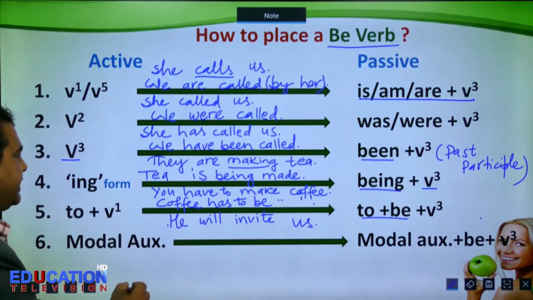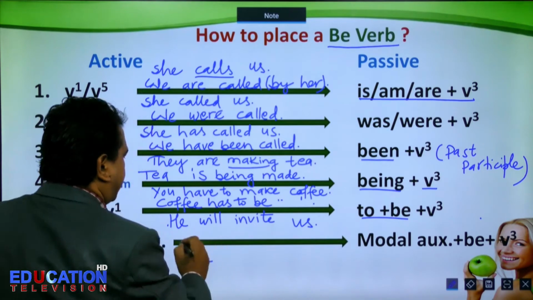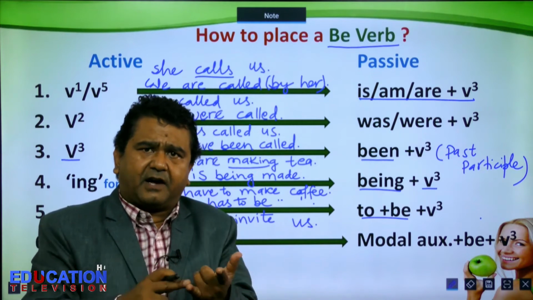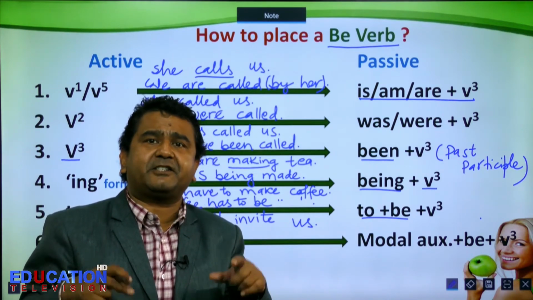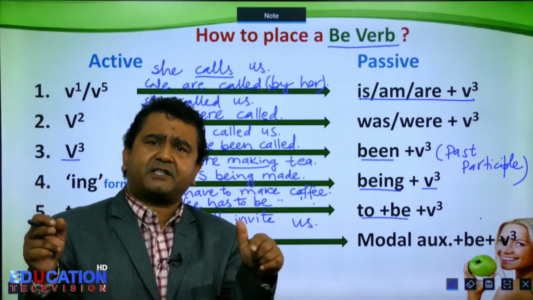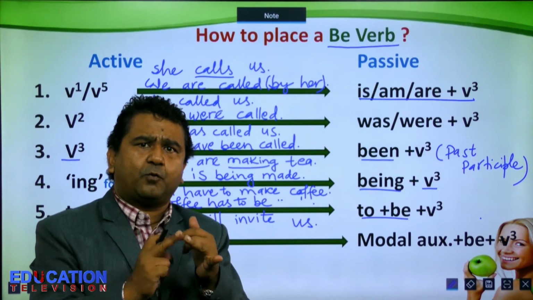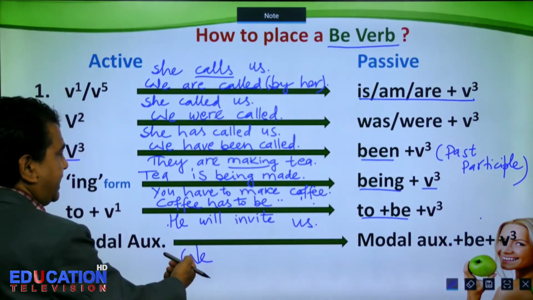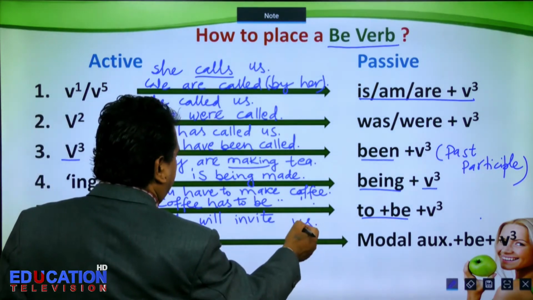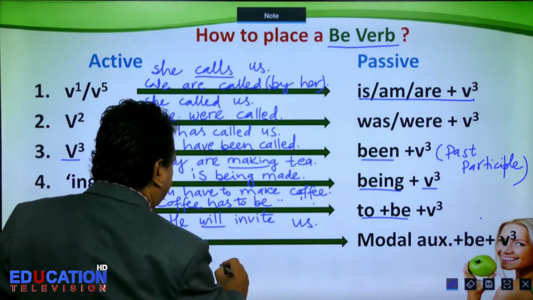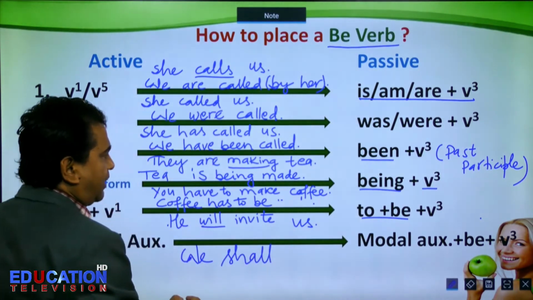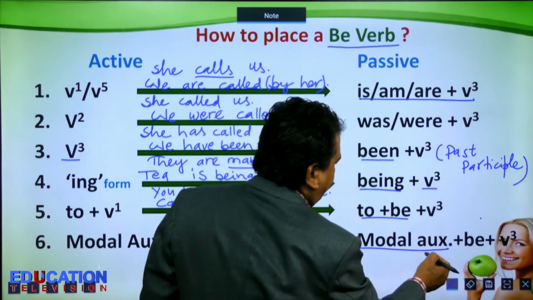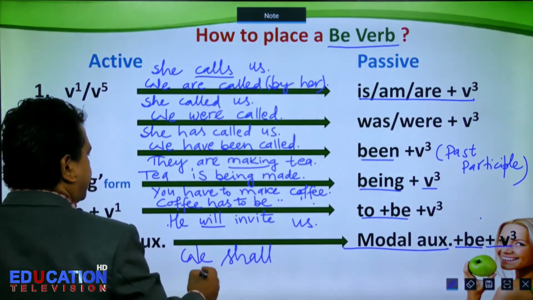Now, us is drawn here as subject. We. Remember, nowadays we use will with all subjects. I will, she will, he will, whatever. But according to the prescriptive grammar, I and we are followed by shall, and others are followed by will. So, with we have to write shall. He will invite us. Us becomes we, will becomes shall. And as the rule goes, this shall is modal auxiliary. Whenever there is modal auxiliaries, we write modal auxiliaries plus be plus V3. So we shall be invited.